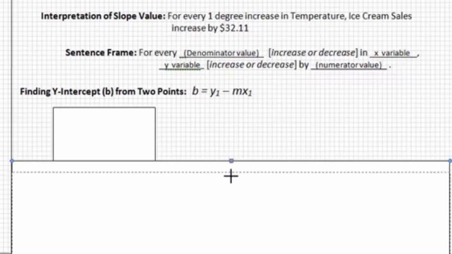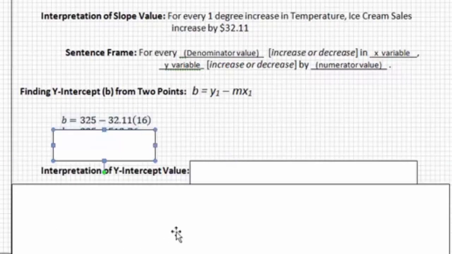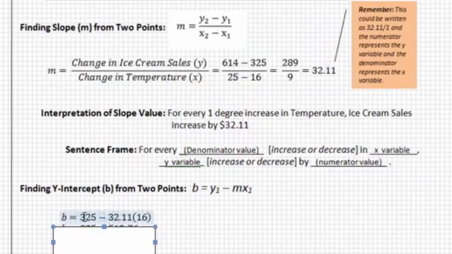So here we go. I first just filled in the values from our slope being here. So y1 was $325 in sales, and you can see that because that was our y1 up here when we calculated slope, minus 32.11, that was our m value, times 16, which was our x1 value.